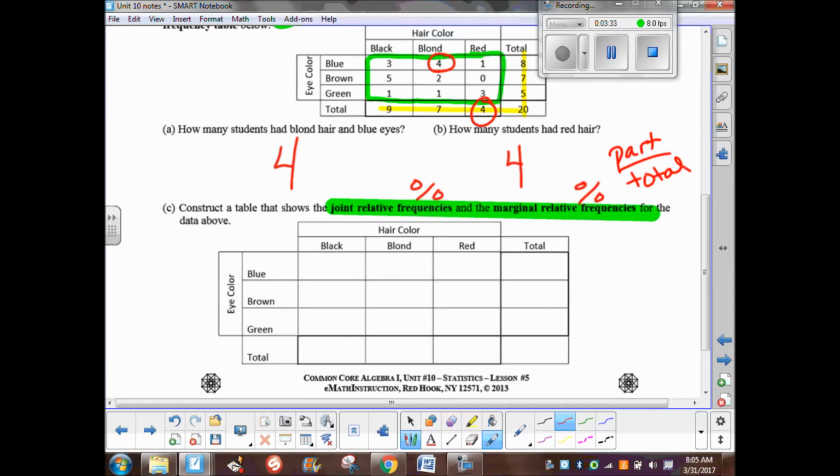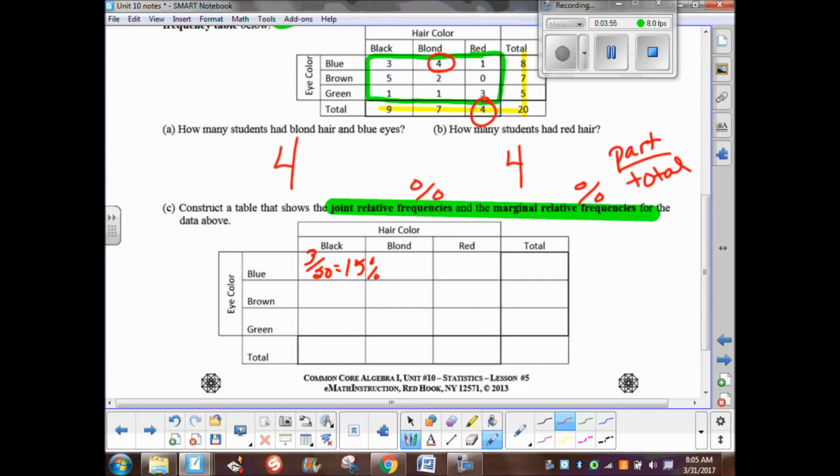So if I want to know what percent of people had black hair and blue eyes, is how many people? 3 out of how many people total? 20. So 3 out of 20, yep, is 15%.